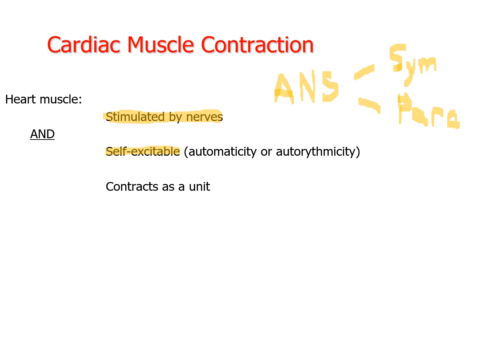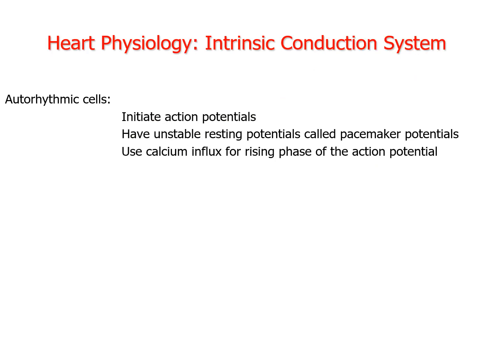And essentially what that means is they have their own pacemaker. The pace of the heart is normally established by the heart's own self-excitable tissue or pacemaker tissue. And that is why it contracts in the manner it does, and I'll go through that.